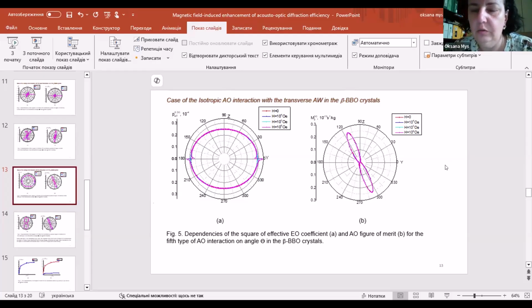We investigated isotropic and anisotropic diffractions, and in both cases we obtained an increase in the efficiency of acousto-optic diffraction. We can state that application of magnetic fields allows us to operate the efficiency of acousto-optic diffraction. Thank you.